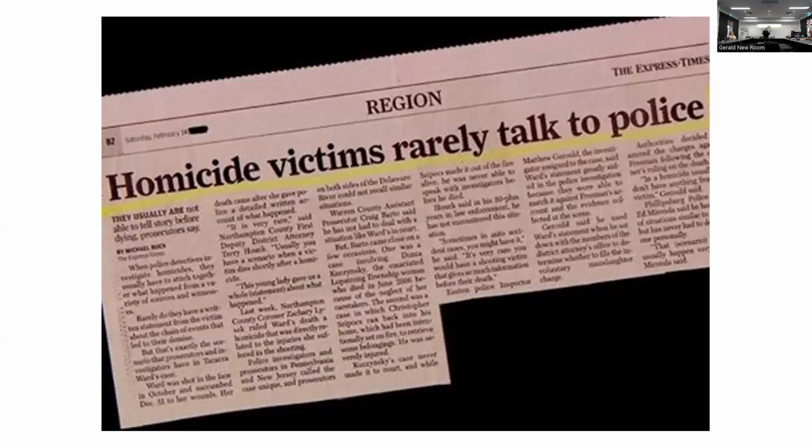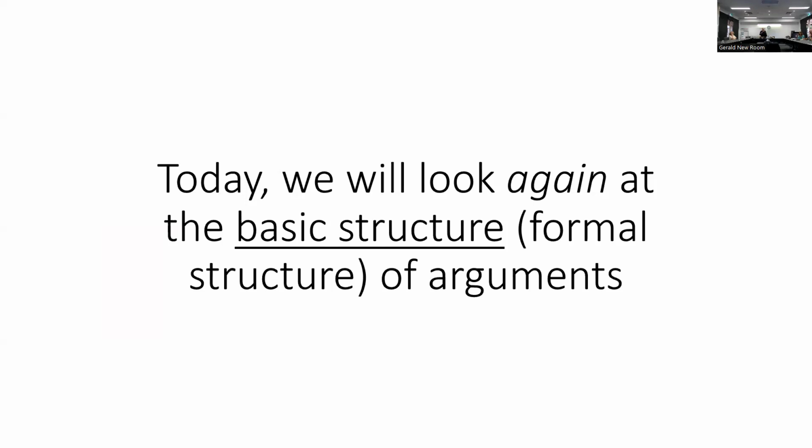Once again, as I keep repeating, be careful when you write and pay attention to words. So once again, we are going to look at the basic formal structure of an argument. Can I just make a side note? Why am I repeating and repeating this basic structure of a deductive argument?